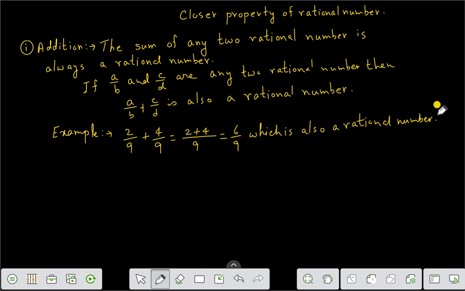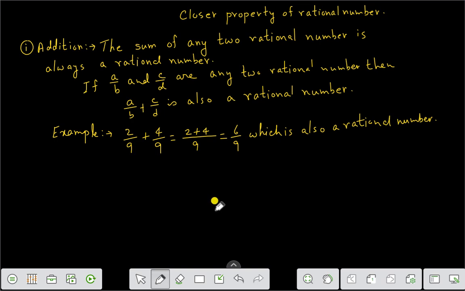That means the sum of any two rational numbers is always a rational number. If a by b and c by d are any two rational numbers, then a by b plus c by d is also a rational number. For example, 2 by 9 plus 4 by 9 equals 2 plus 4 by 9, which is 6 by 9, which is also a rational number.